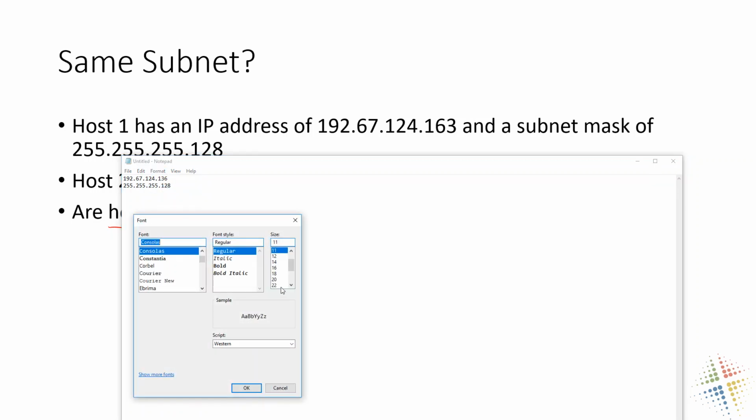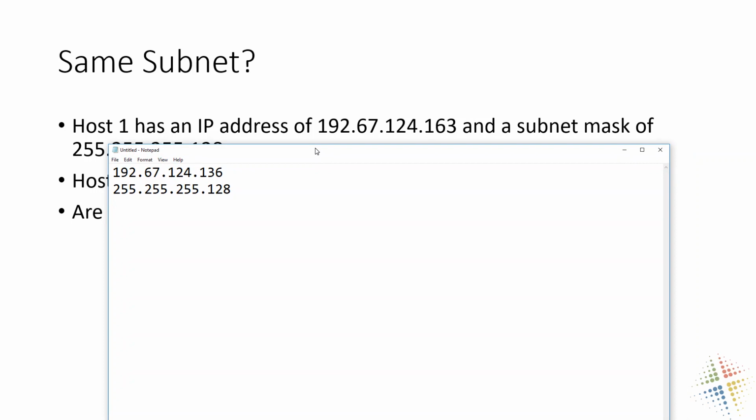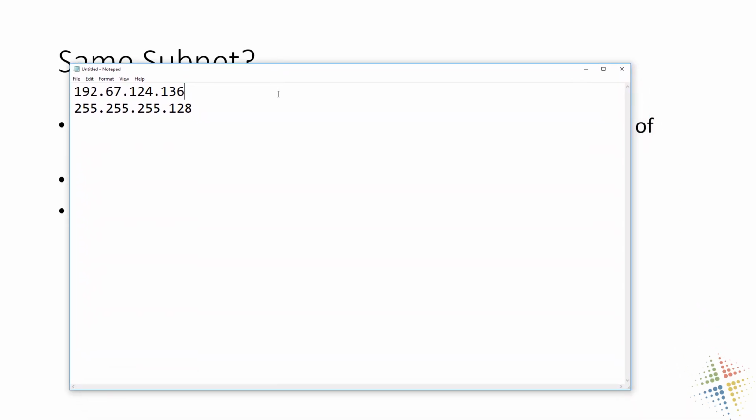Let me make this a little bit bigger so we can see it. Perfect. Okay, so I'm going to start off with the first host. First thing I'm going to do is convert my addresses into binary.